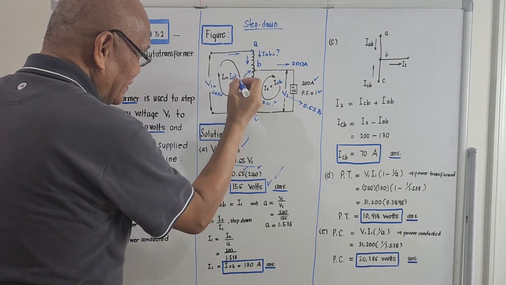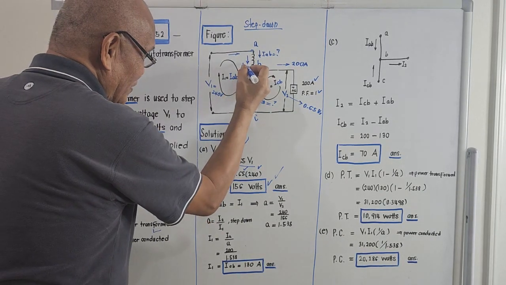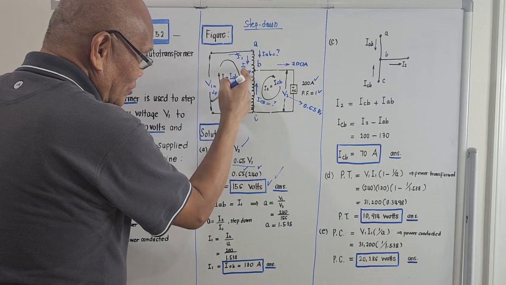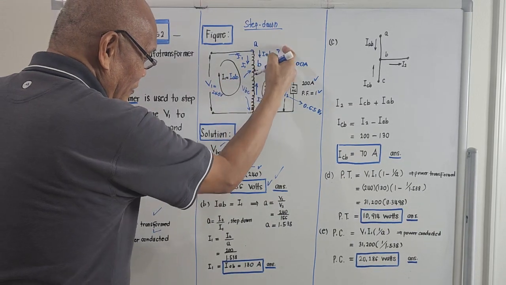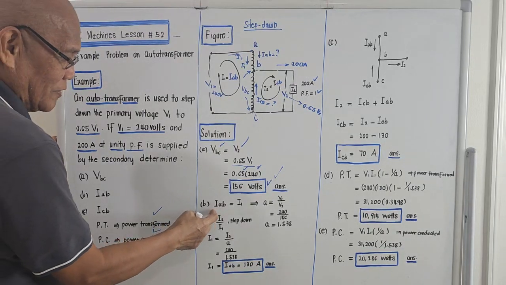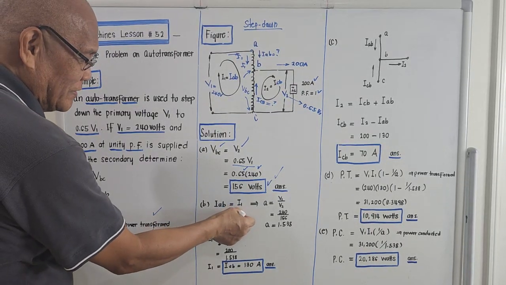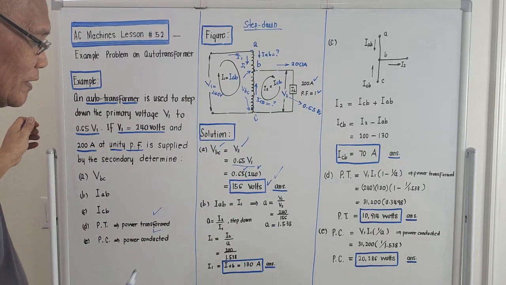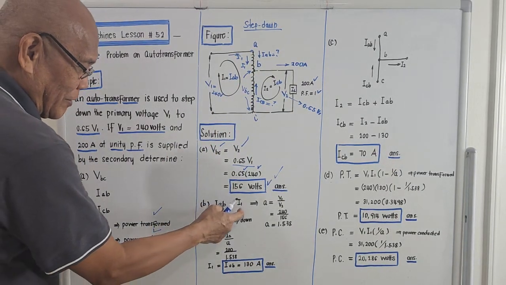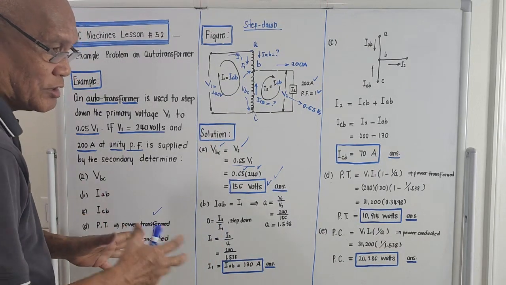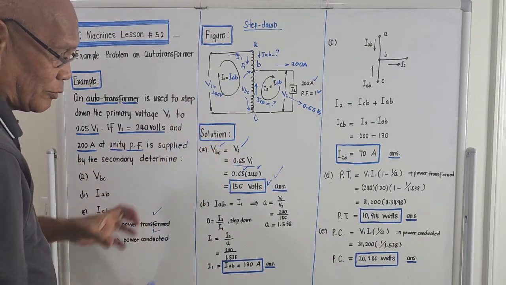That's I1. So I1 is actually I of AB. I place it here: I sub AB is equal to I1, and we can compute for I1. But before computing I1, let's first compute the so-called transformation ratio for the given transformer.